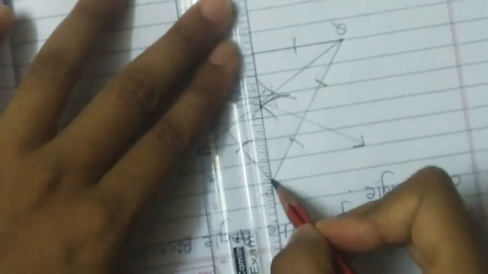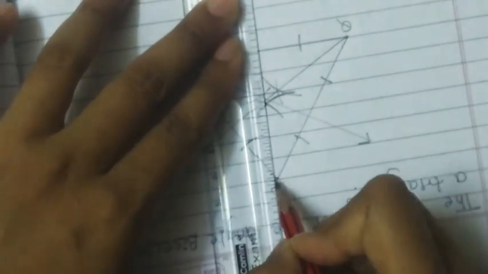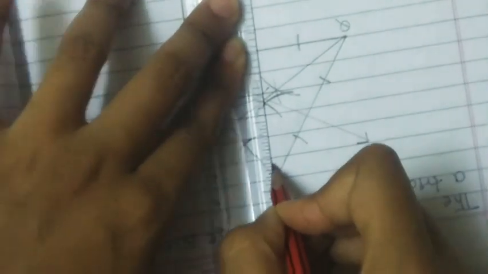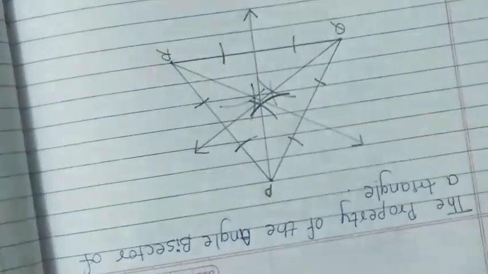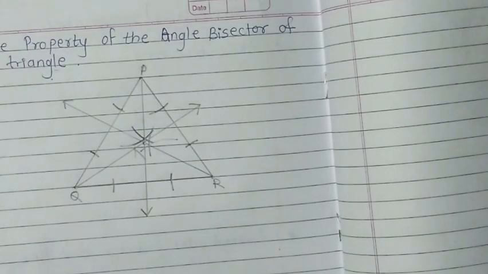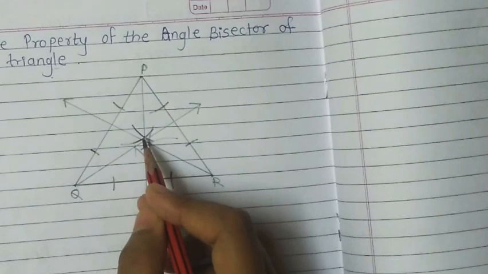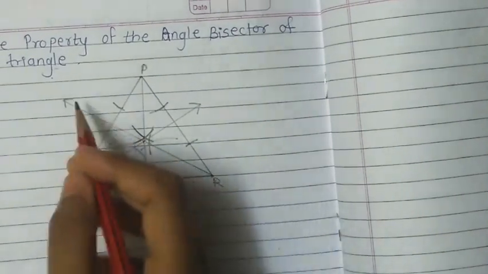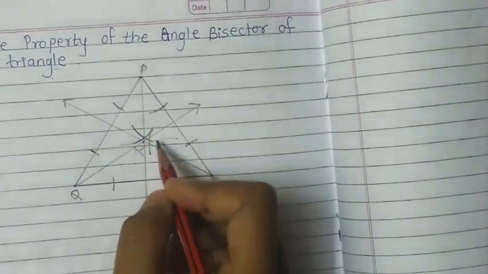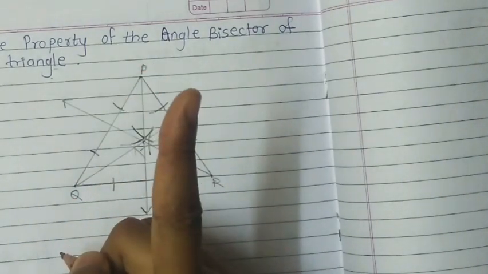And now with the help of scale, from vertex P, we will join this. Here we have drawn the line. Now children, tell me what you have noticed here. Yes, these three bisectors, they are passing through only one point.